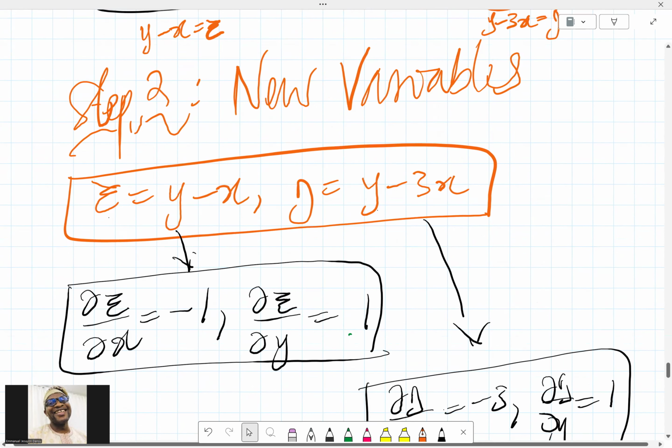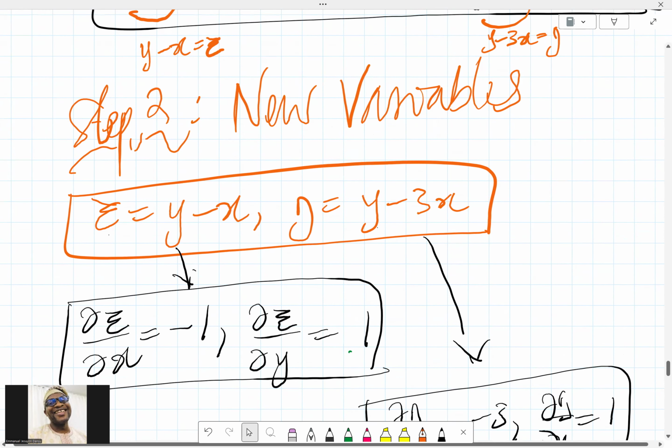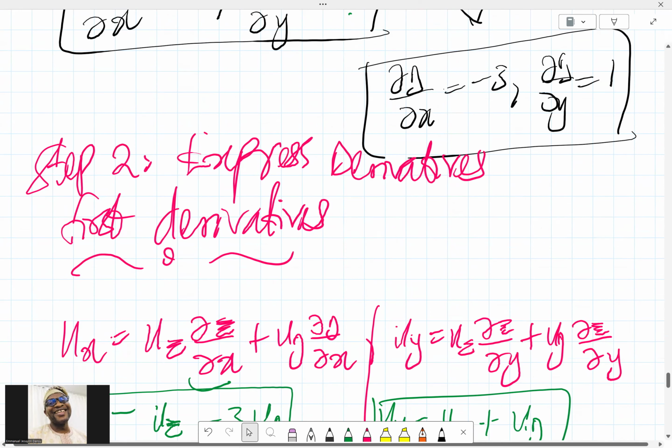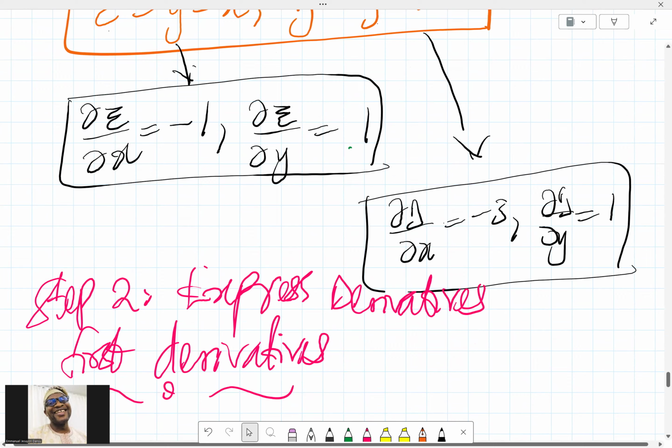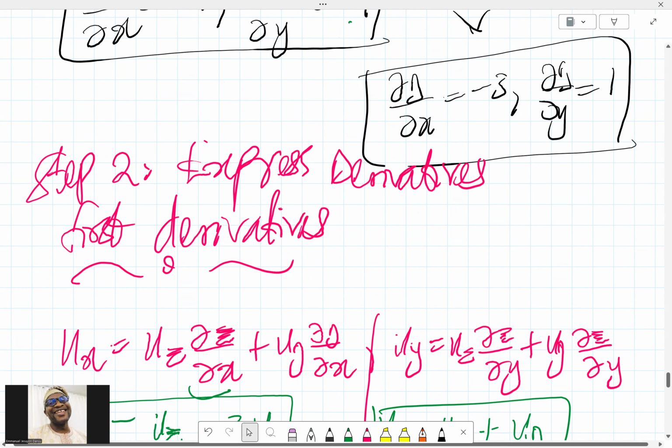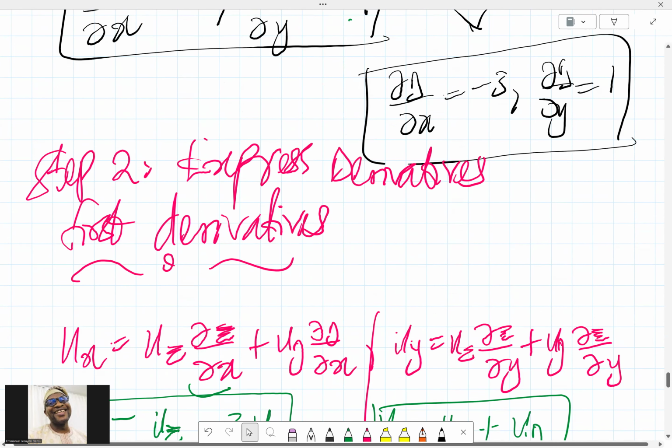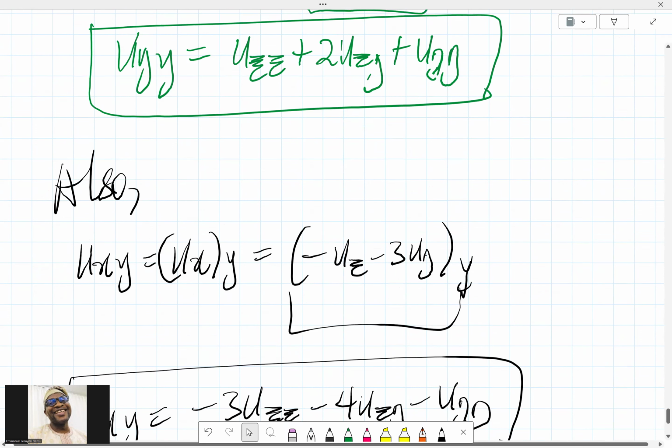Or in fact, it should start from new variables. Yeah, we have new variables now. And then after the new variables, let me just call this step three. So I'll call the next one step four.